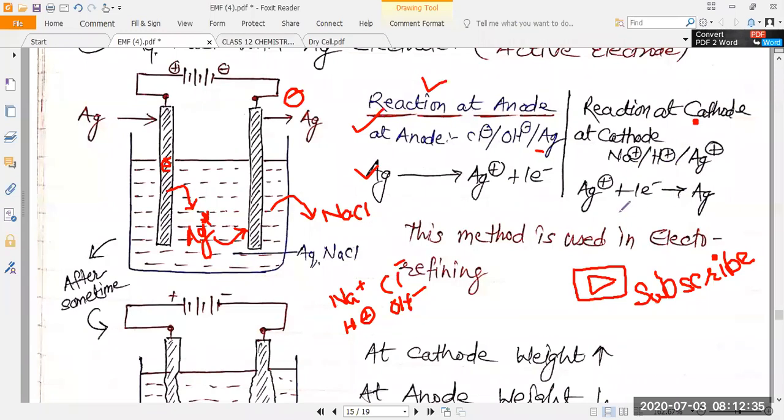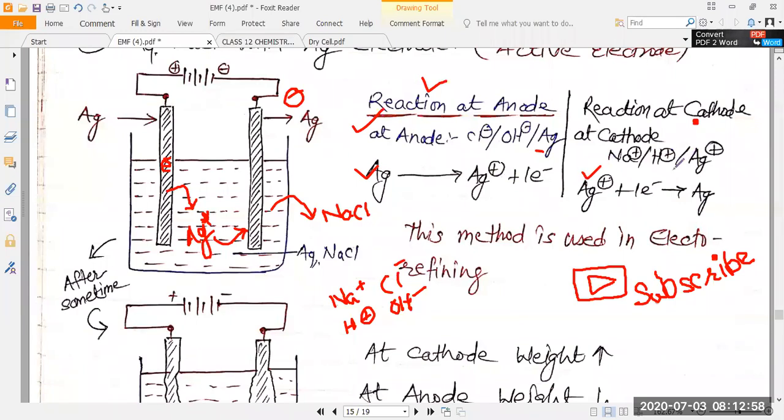Out of the three, which ion will discharge at the cathode side? The ion which has higher reduction potential. Out of sodium, hydrogen, and Ag plus, Ag plus has the highest reduction potential.